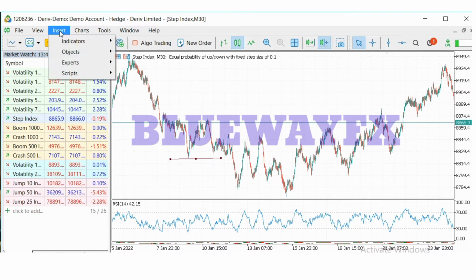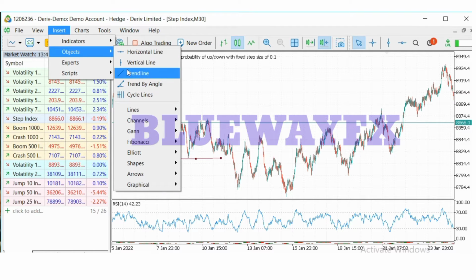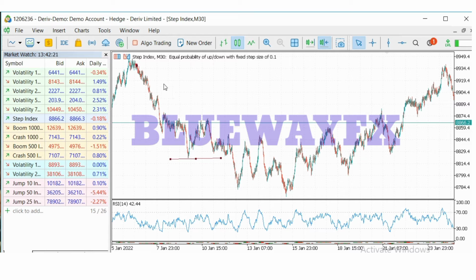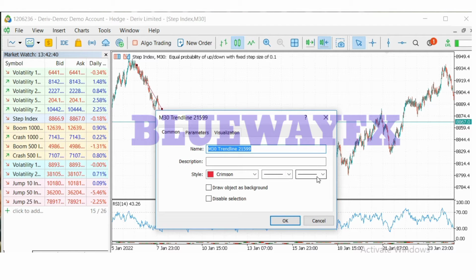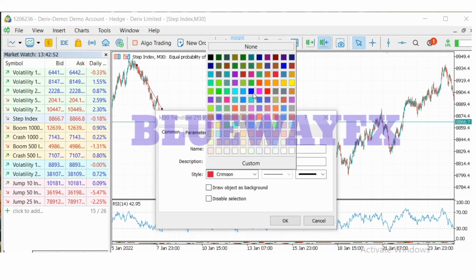This is a valid structural high. Sorry, let me bring a tool out. I think I'll be working with this. Let me make it a bit thick since I'm using it with the trend, and let's use blue for it.